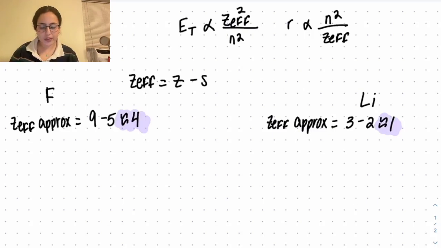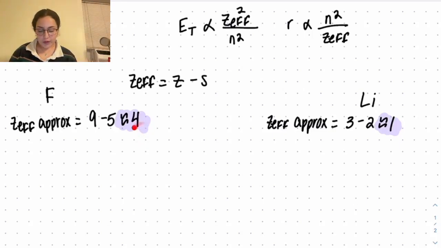First we're going to look at E total. We can see that E total is directly square proportional to Z effective, and we are going to look at it in terms of absolute values of E total. A larger Z effective will correlate to a larger magnitude of the E total.